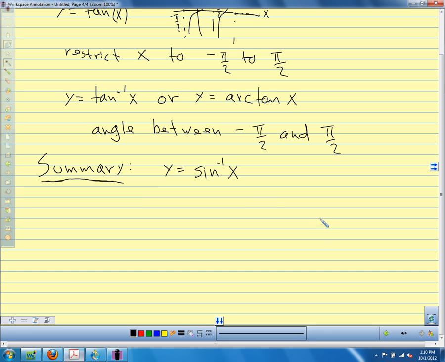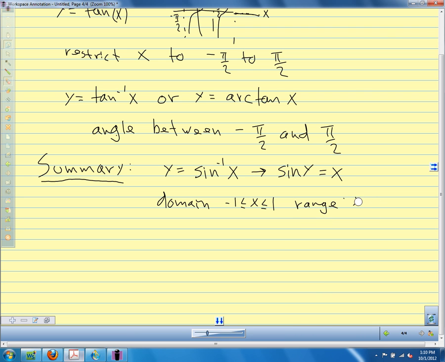This is the same as saying the sine of y equals x. Our domain of the inverse sine function is negative 1 less than or equal to x less than or equal to 1, and the range is minus pi over 2 less than or equal to y less than or equal to pi over 2.